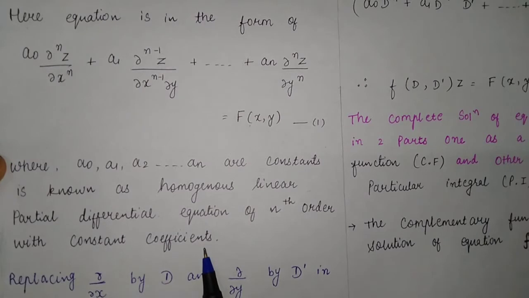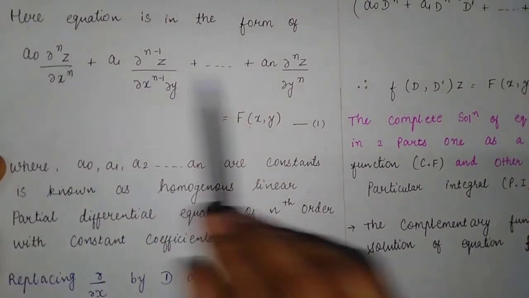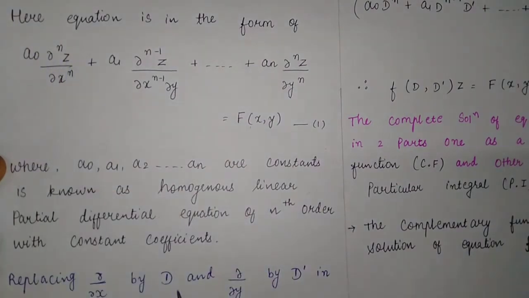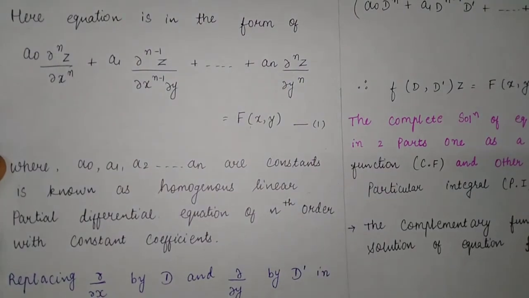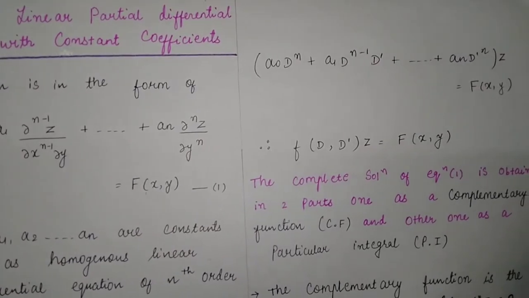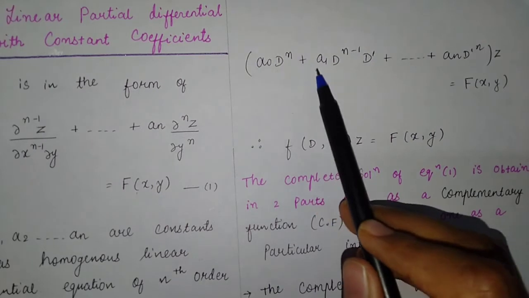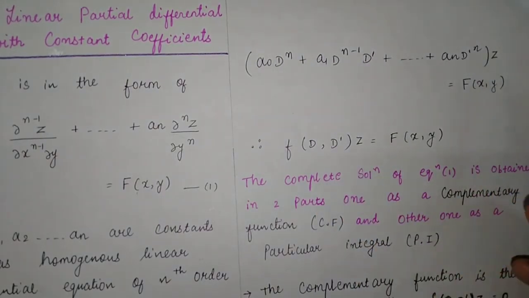But if we replace del by del x by capital D, and del by del y by capital D dash in equation 1, then what we will get? We will get a0 D raised to n plus a1 D raised to n minus 1 D dash and so on.